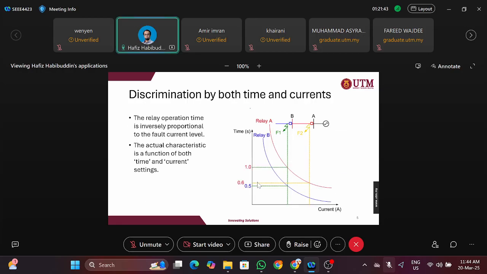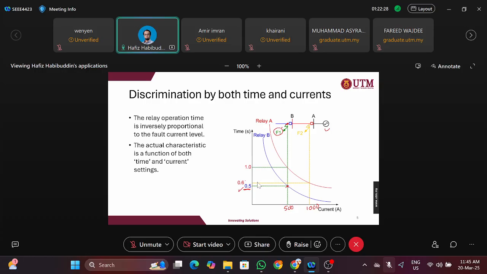Let's discuss this first. For a fault at location one, F1, the fault current will be lower. Let's say it is 500 amp. A fault closer to the source, F2, will provide a larger fault current, 1000 amp. When a fault occurs at this particular point, F1, you would want to set your relay to trip at this value, 0.5 second.